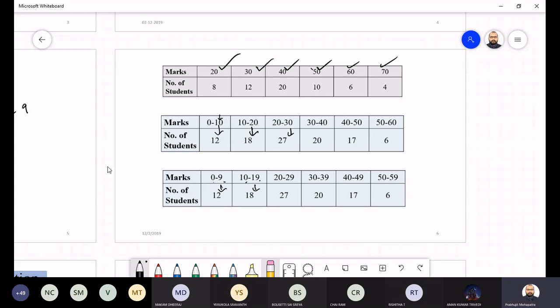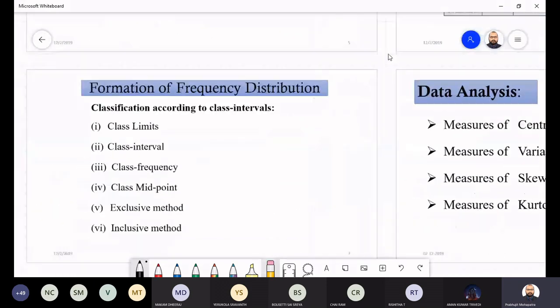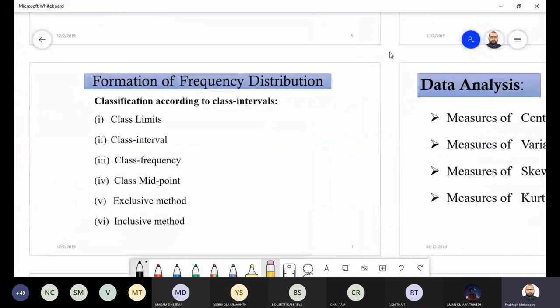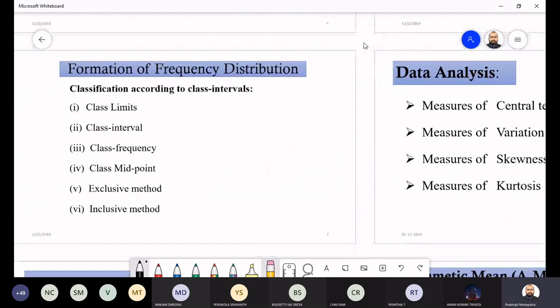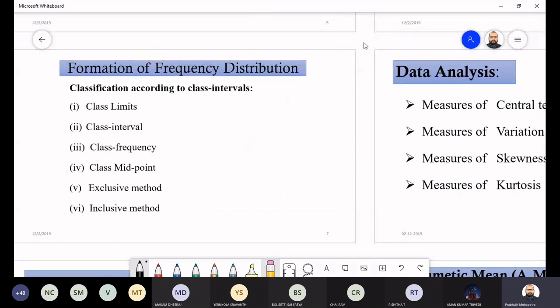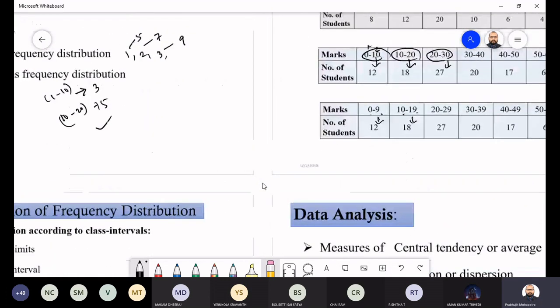Similarly, you can have different types, and we'll see what types of distribution there are. When we go for the class distribution, these are called the class intervals, 0 to 10, 10 to 20. In this class interval, we'll have the class limit. Limit means the lower value and the upper value.